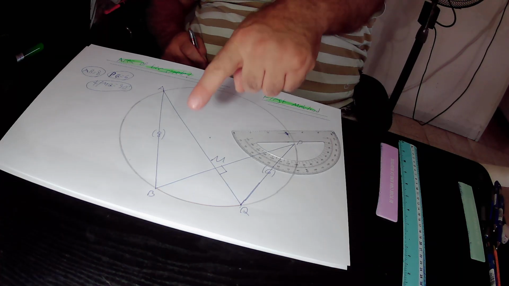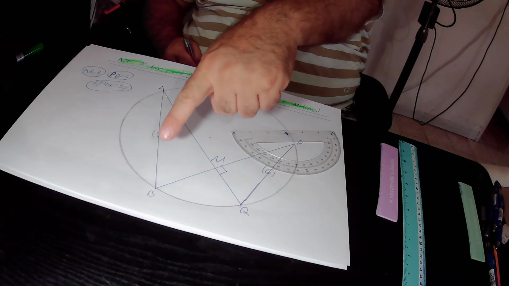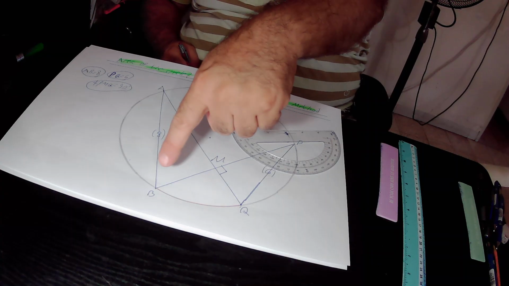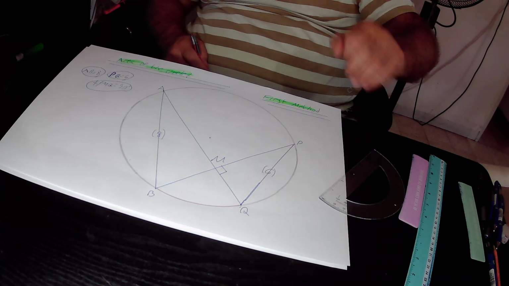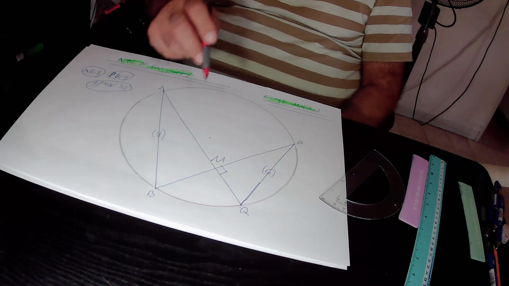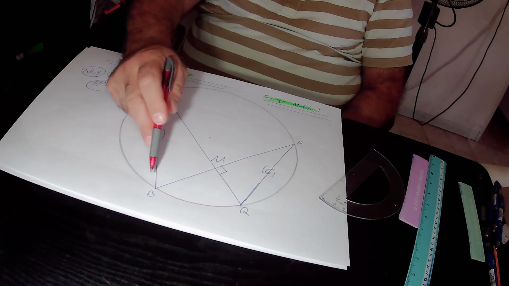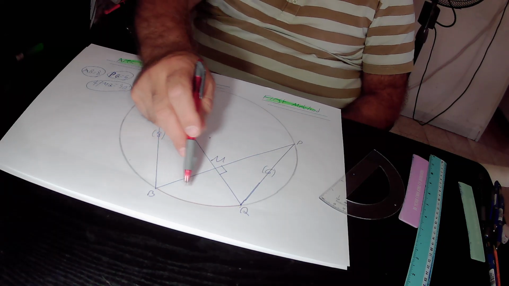We have peripheral angle BAQ that subtends on arc BQ. Again, peripheral BAQ subtends on the arc BQ. Likewise, we have another peripheral angle. This is peripheral BPQ that subtends on the same arc BQ.